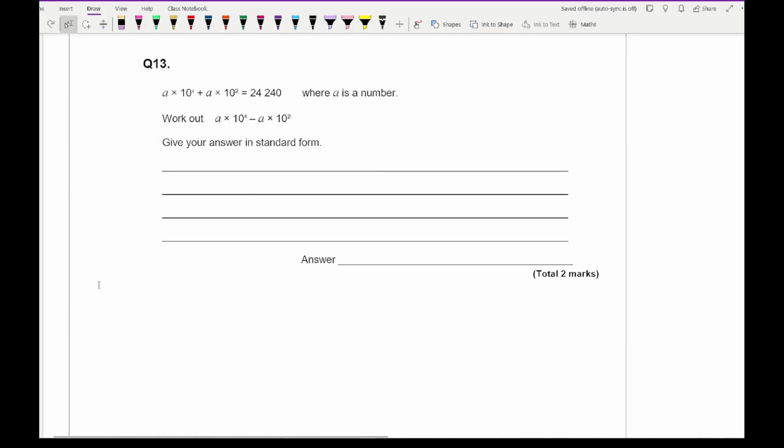Then moving on to question 13. So now we move on to standard form. With standard form, we've got a times 10 to the power of 4 plus a times 10 squared equals 24,240. And the question says work out a times 10 to the power of 4 minus a times 10 to the power of 2.